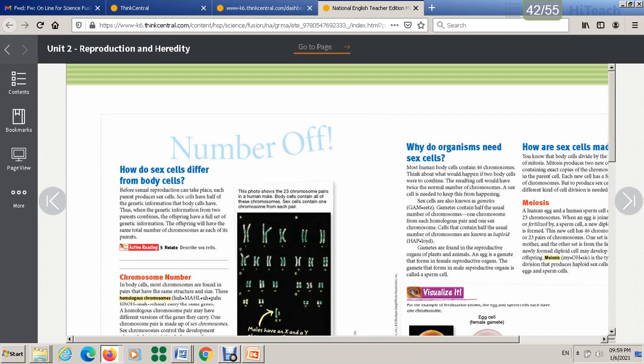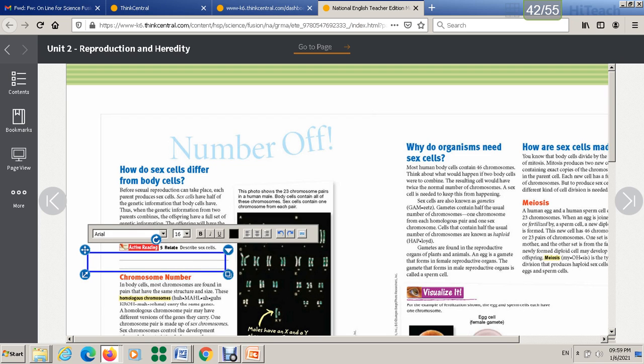Sex cells have half the number of the genetic information that body cells have.